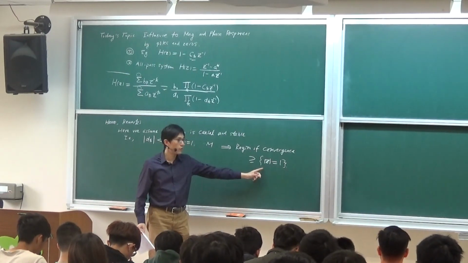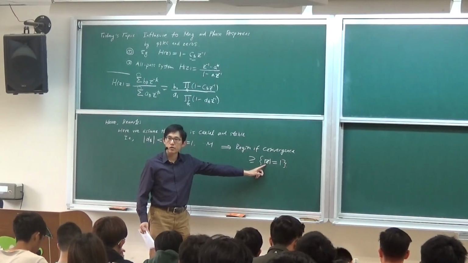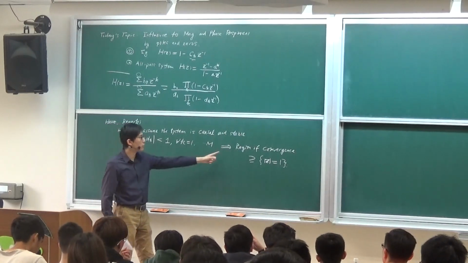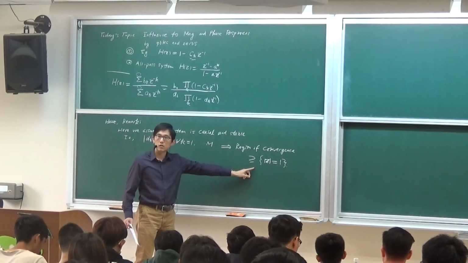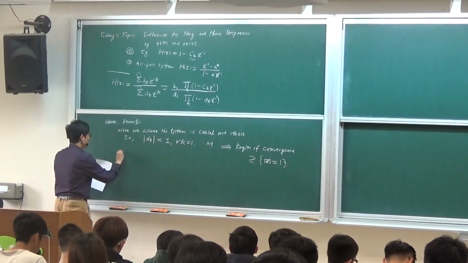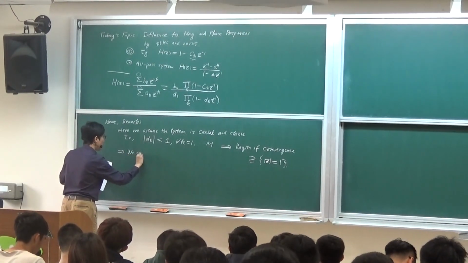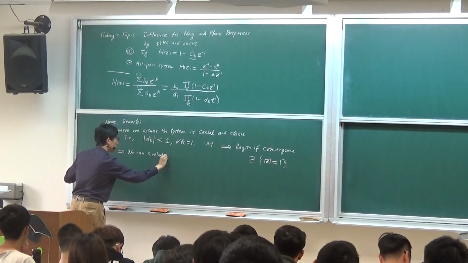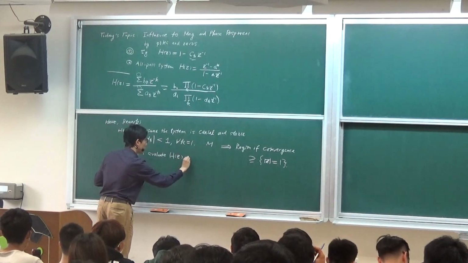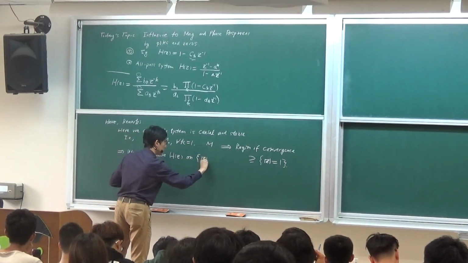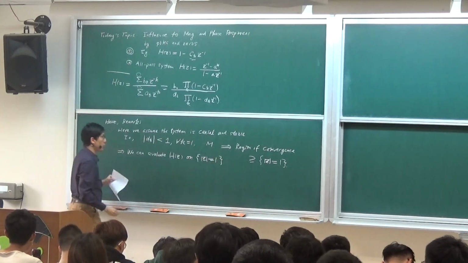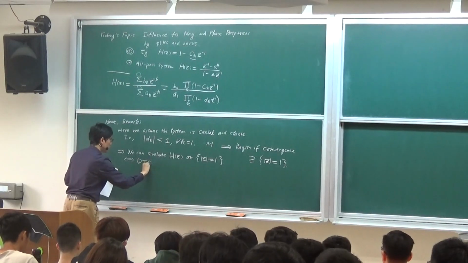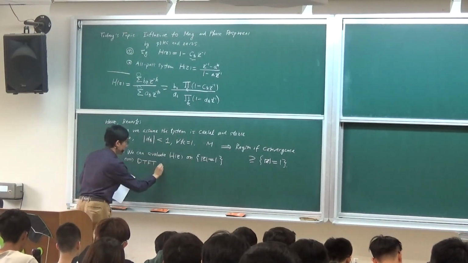This is a notation for all the points on the unit circle. So if all the poles are located inside the unit circle, then the region of convergence will include the unit circle. So we can evaluate H(z) on the unit circle. In other words, the DTFT can be calculated. It's this.